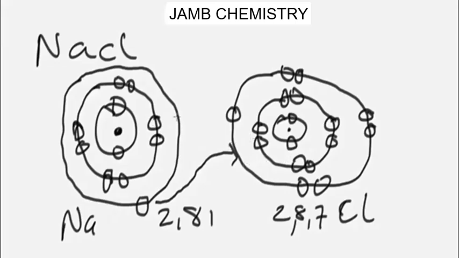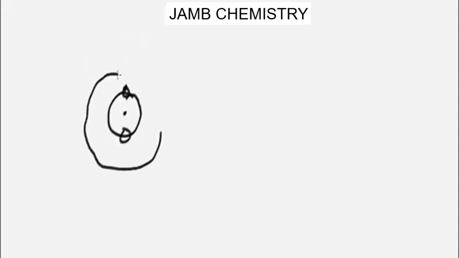Once this is done, the new structure will be something like this. Let me wipe this and show you. Now that the transfer of electrons has been made, our sodium ion will be something like this. This is the atomic structure of sodium. This is the first shell. This is the second shell.